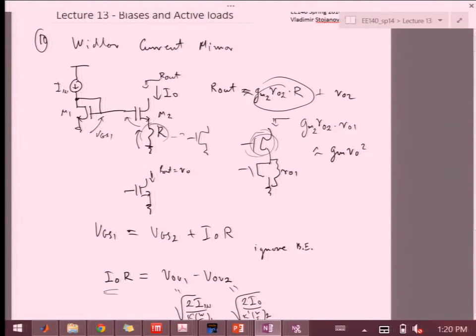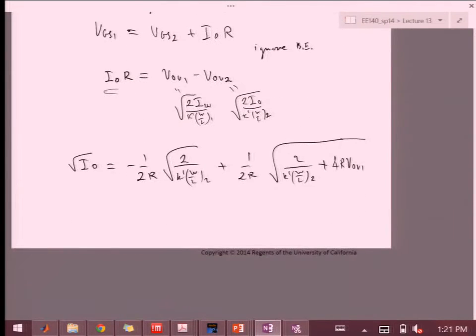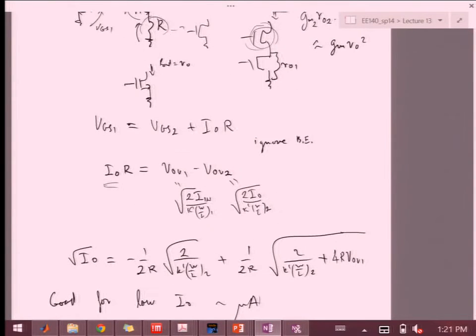Okay? And in situations where I want to have very low biases, let's say a low IO, approximately in the microamps range. Current FETs have about half a milliamp per micron drive capability if they're fully overdriven, and so generating something in the microamps range is actually hard because you have to provide very low overdrive, and in very low overdrive conditions, there's a lot of variations that are happening.